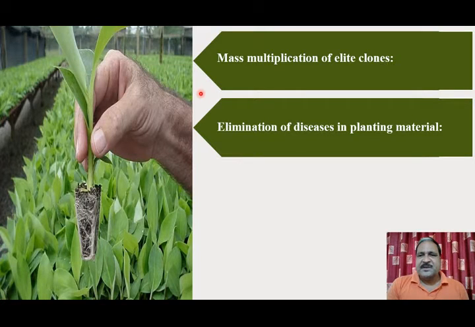Elimination of diseases in planting materials. Another purpose for which plant tissue culture is uniquely suited is obtaining, maintaining, and mass propagation of specific disease-free plants.